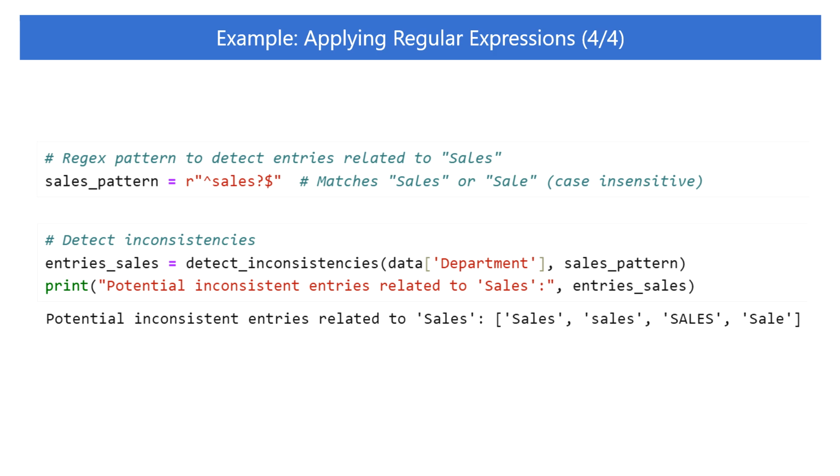If you are new to regular expressions, please be patient. I will provide a more detailed explanation of this expression in the next slide. Next, apply the function by inputting the data frame column as the first argument and the regex pattern as the second argument. By printing the result, we can obtain entries that can be considered as sales.